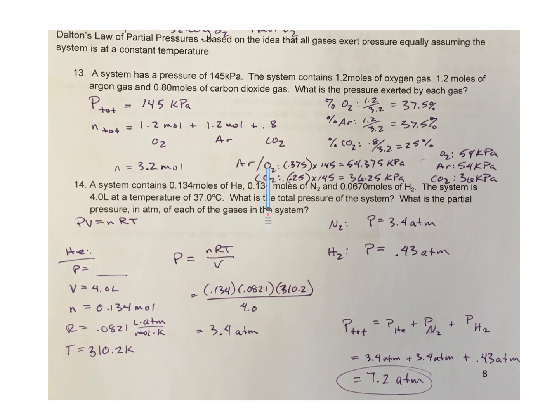And so for both argon and oxygen, since they both have the same percentage, I'm just going to do the same calculation twice. 37.5% of 145 kilopascals gives a pressure for each of these of 54 kilopascals. And a quarter of 145 is 36 kilopascals. So the pressure from each of them is directly proportional to the percentage of each of them.